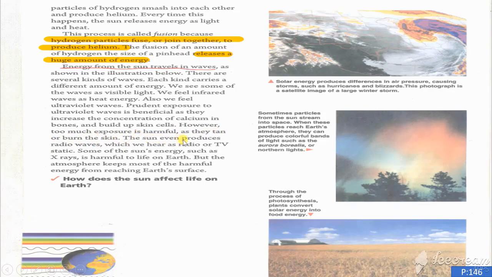The sun even produces radio waves, which we hear as radio or TV static. Some of the sun's energy, such as X-rays, is harmful to life on Earth, but the atmosphere keeps most of the harmful energy from reaching Earth's surface.